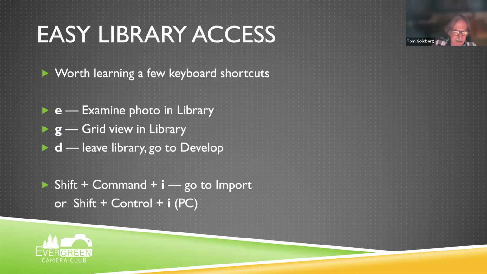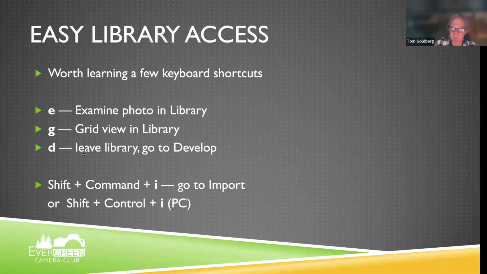When you access the library within Lightroom, it's worth learning a few keyboard shortcuts. E to examine, G for the grid view, and D for develop. Lightroom is really good for operating with keyboards.